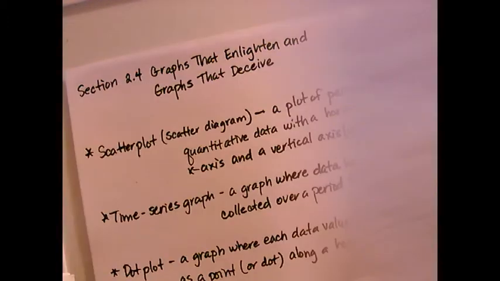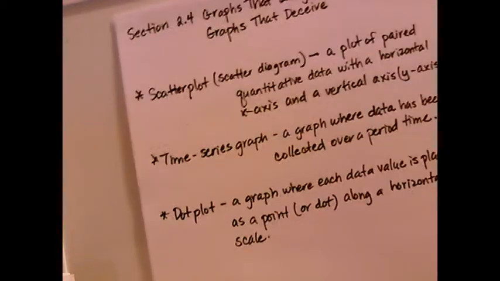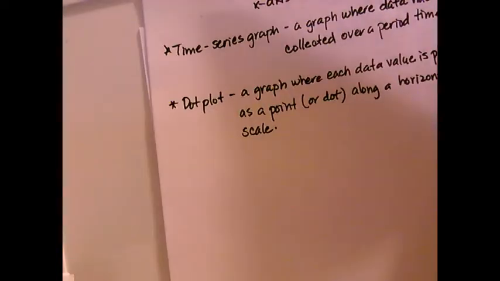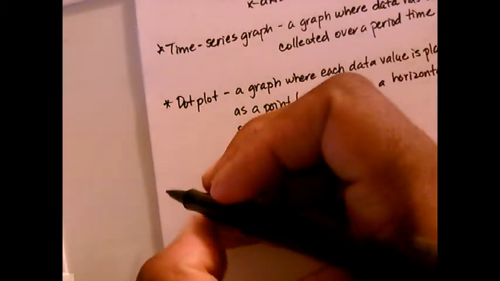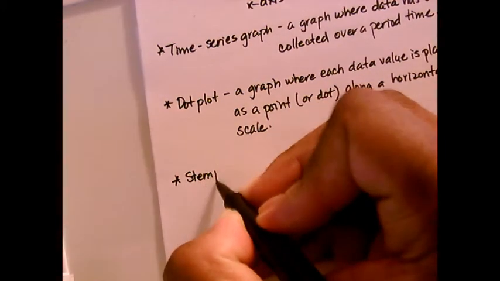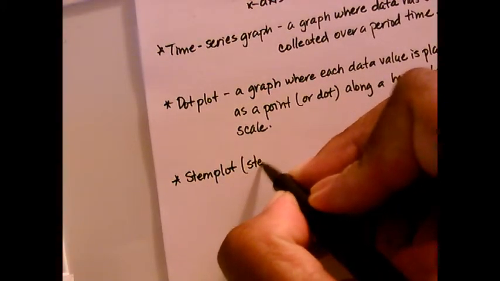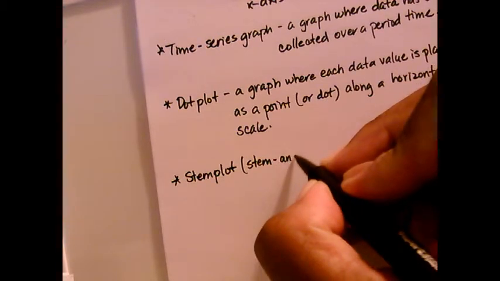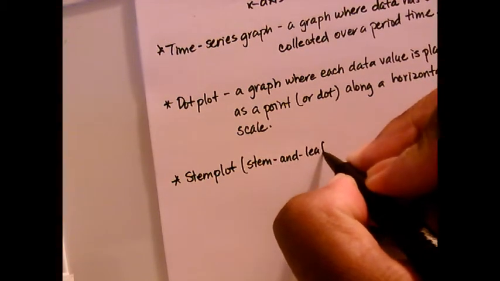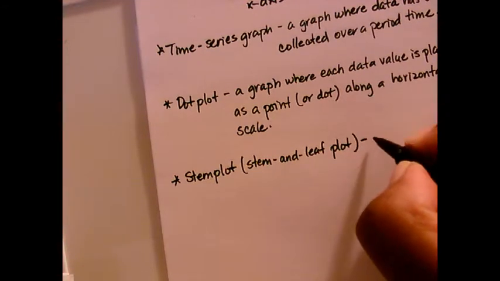Okay, now the one that we'll be doing in the examples that I will show you in this video would be a stem and leaf plot. And I'm just going to say here, this is what we call a stem plot, which is sometimes called a stem and leaf plot. Okay.